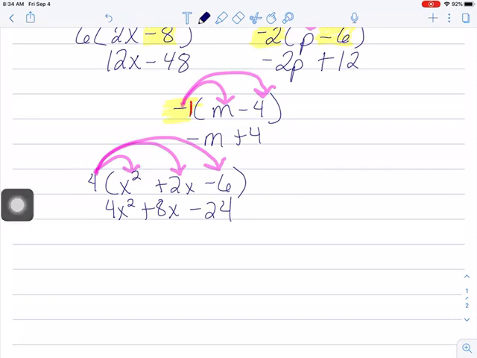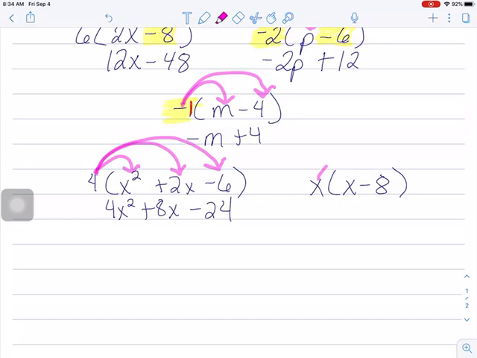The other tricky thing you might see is when you also have a variable outside the parentheses. So I guess the next level here would be, what if I had an x times x minus 8?